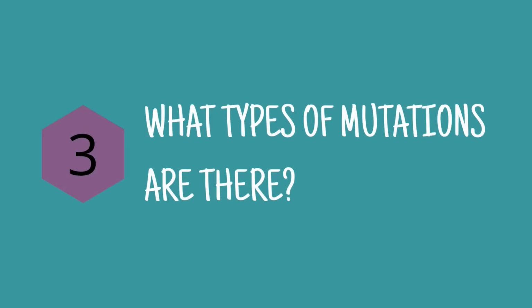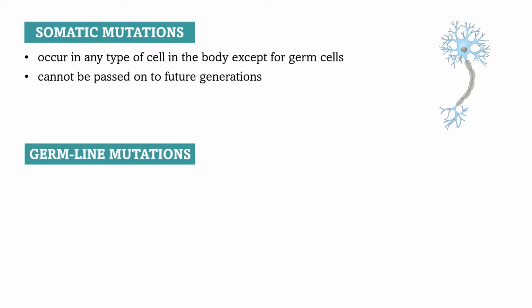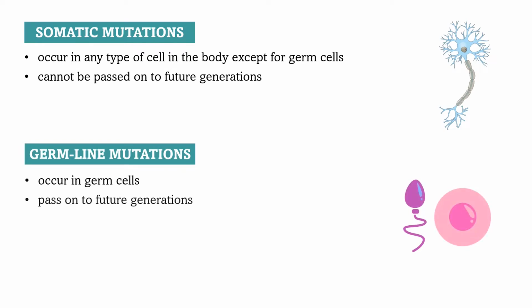The first classification takes into account in which cells mutations occur. Somatic mutations can occur in any type of cell in the body except for germ cells. For that reason, they cannot be passed on to future generations. Germline mutations, on the other hand, occur in germ cells and do therefore pass on to future generations.